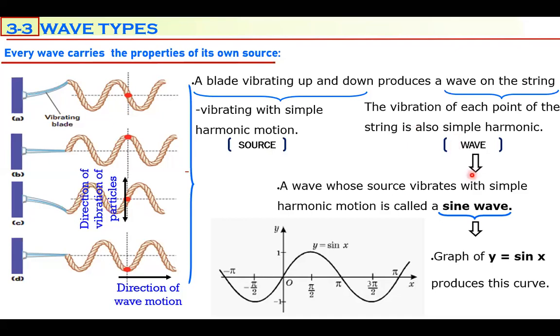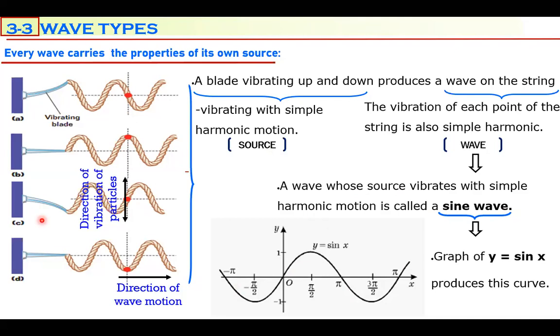If a wave is vibrating with simple harmonic motion, that wave is called a sine wave. A wave whose source vibrates with simple harmonic motion is called a sine wave because its shape is exactly the same as a sine function. So this is the graph of a sine function.